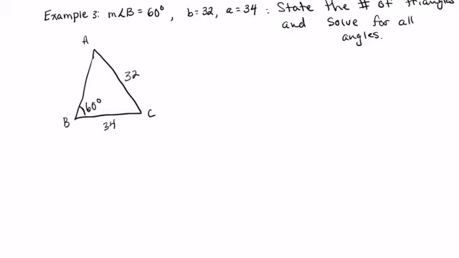So again, I'm going to set it up the same way that I always have. I have 32 over the sine of 60 equals 34 over the sine of A. Simplify that out. So the sine of A is going to wind up being 34 times the sine of 60 over 32.